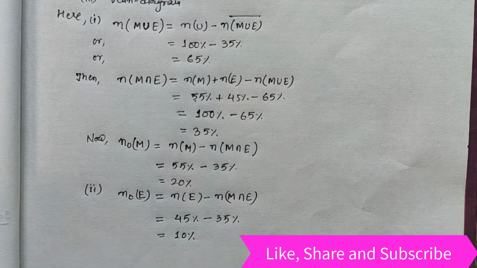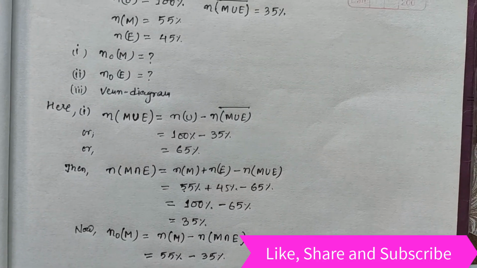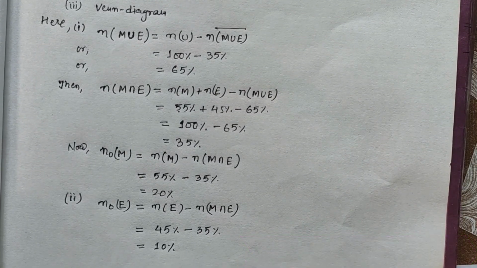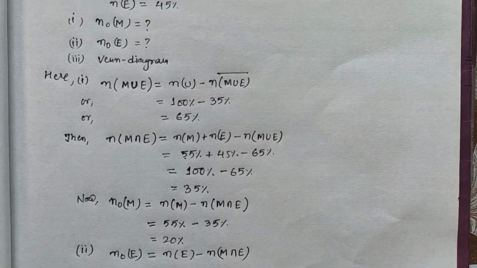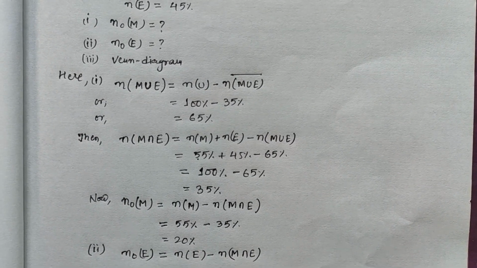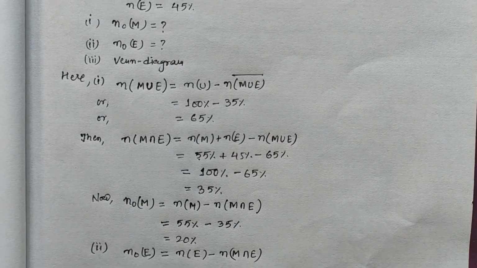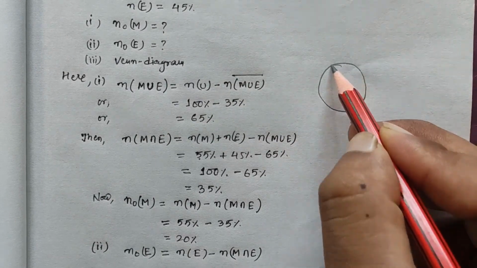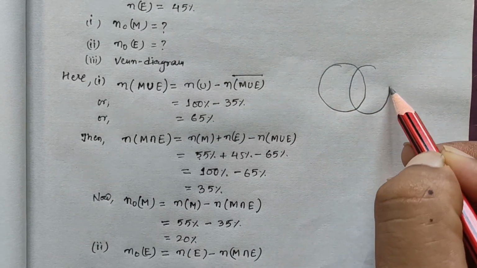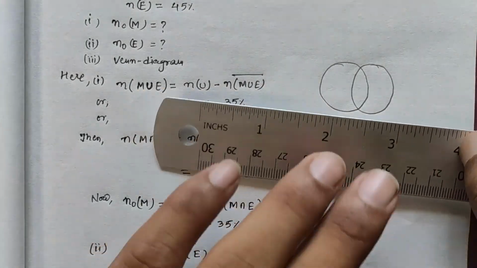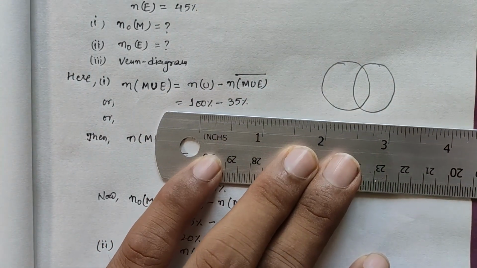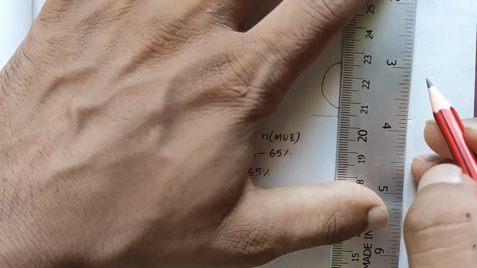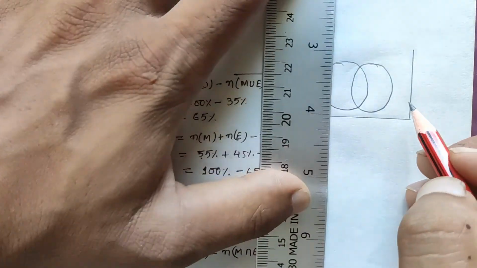So we have found the first and second, and now you have to draw the Venn diagram. While drawing the Venn diagram, always remember to write the intersection part first, then go on to the only parts and then the complement part.